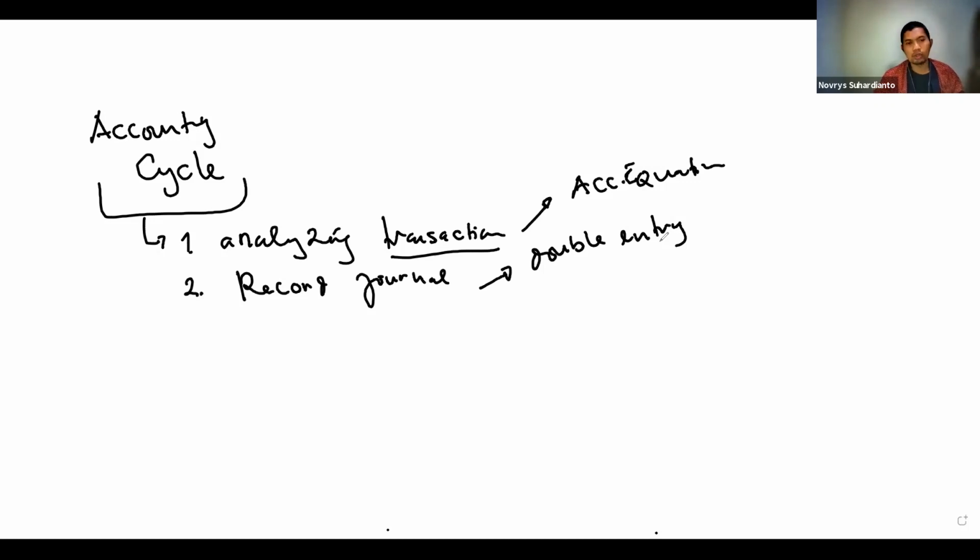In this journal, you also learned the normal balance of the account. We learned that asset has a debit normal balance, liability has a credit normal balance, and equity has a credit normal balance as well.